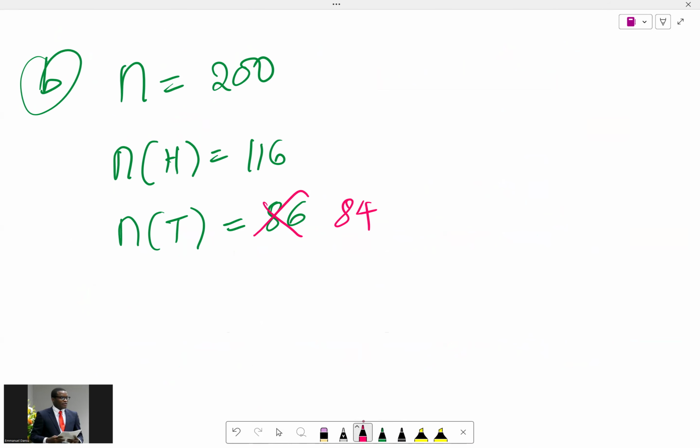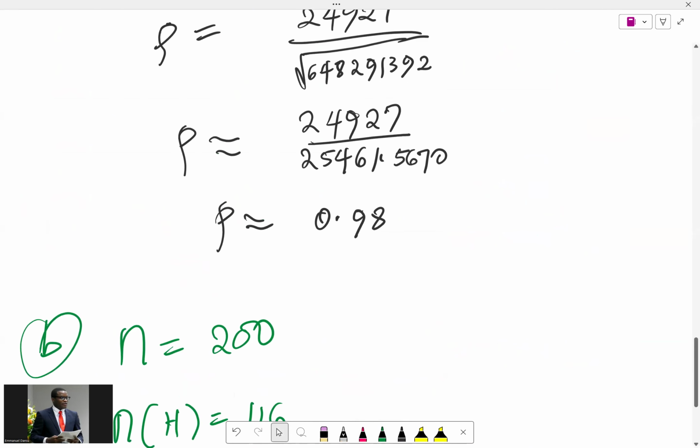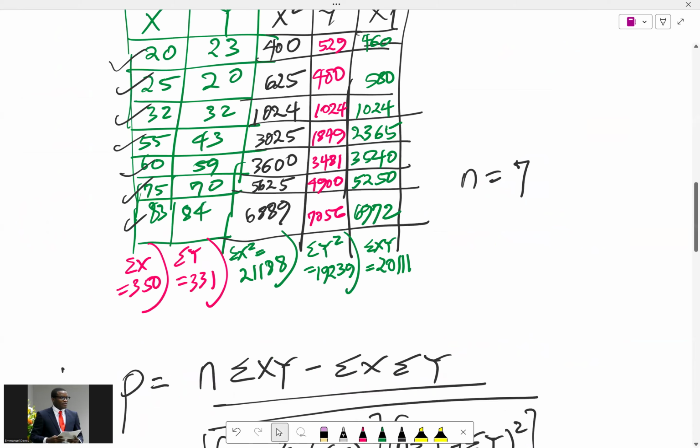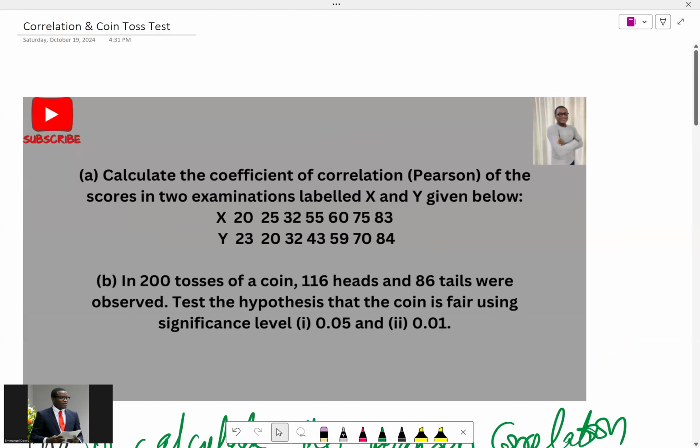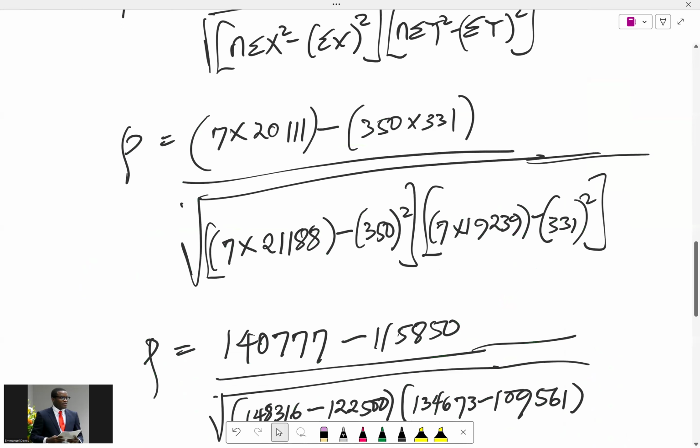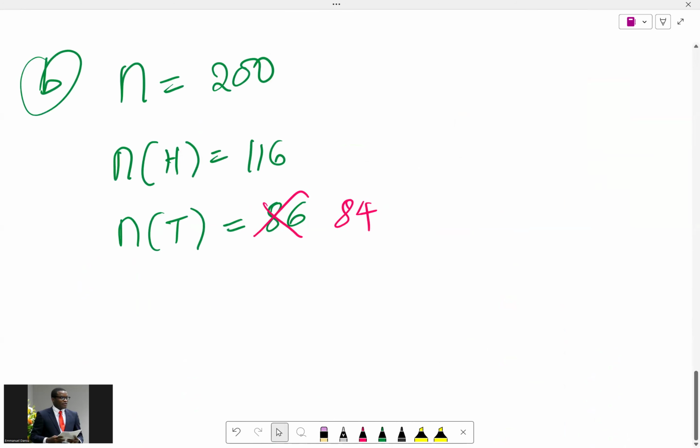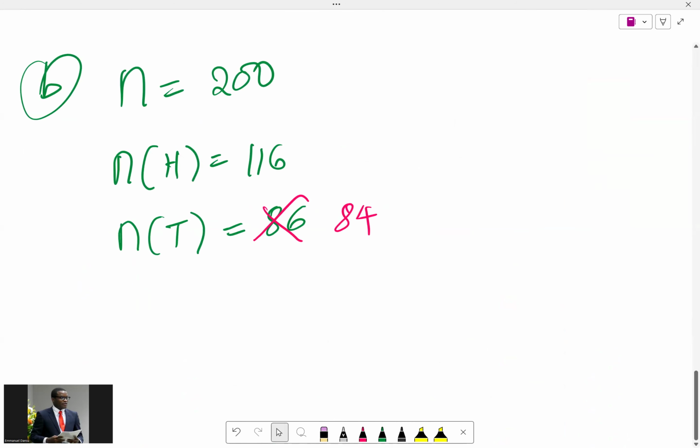Okay. So the question now is that we need to test the hypothesis that the coin is fair using the significance level given. In this case, we have to think about a test of proportions. I think I mentioned that at some point. If you check the statistics playlist, we have tests of proportions, and that is what we need in this particular situation.